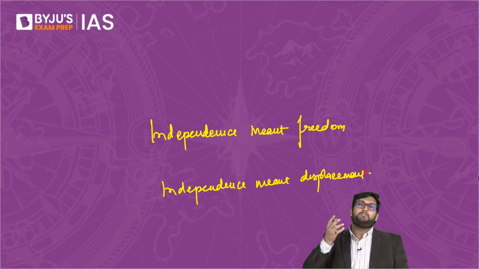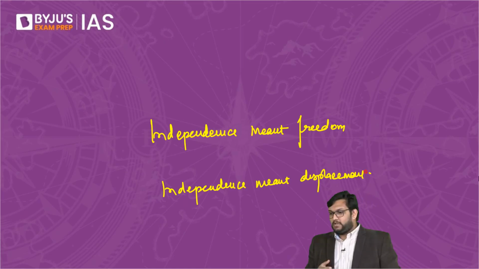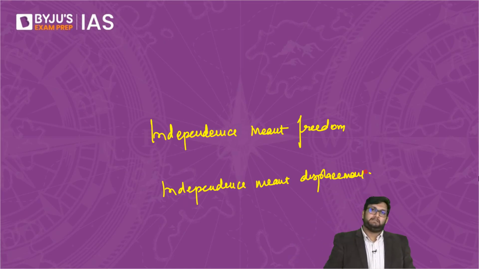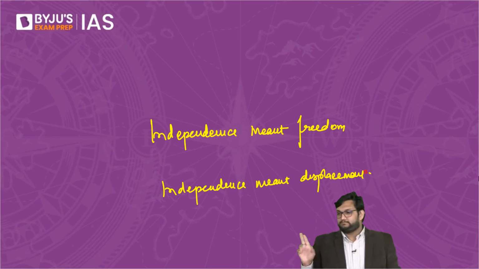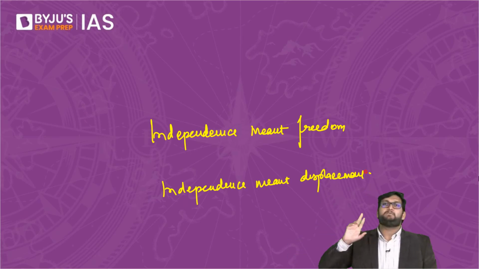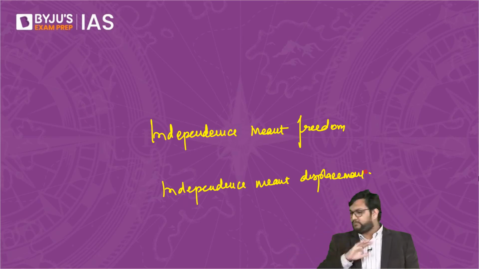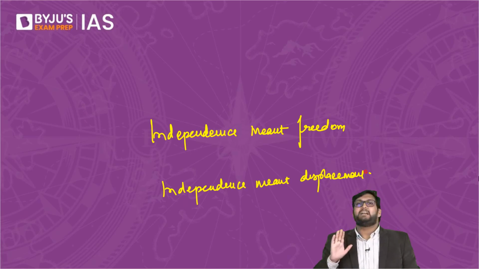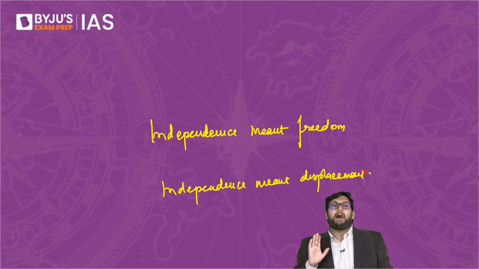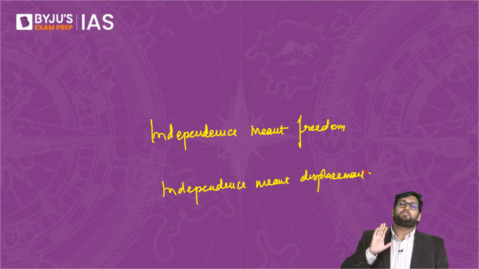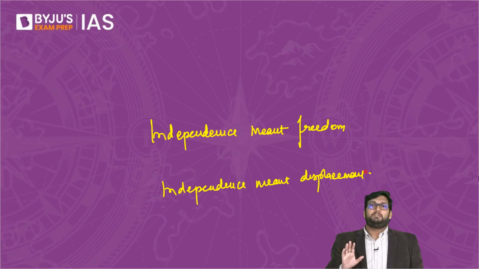Imagine you have a house, a car, a life in Pakistan, and when you land in Delhi, you have nothing. This is the cost of our independence, which we technically don't talk about. Our independence came at a cost, and a conservative estimate of how many people were killed is close to 3 lakh.